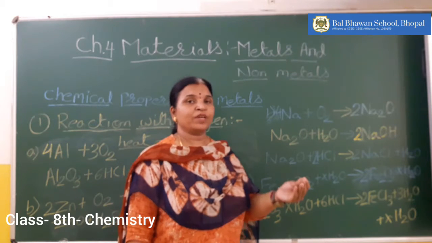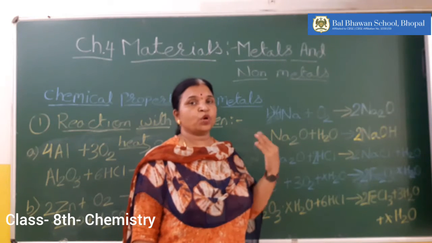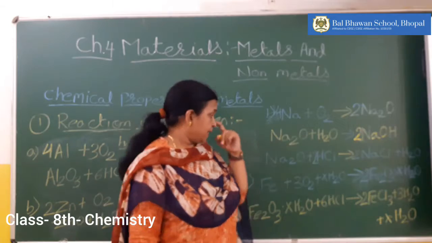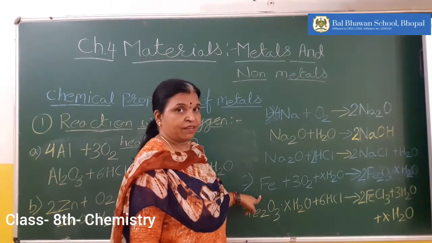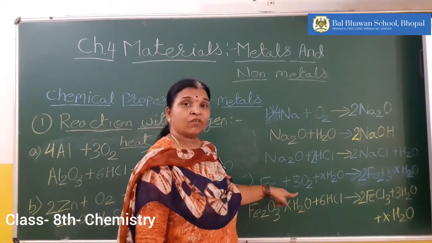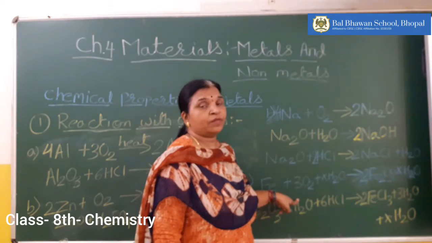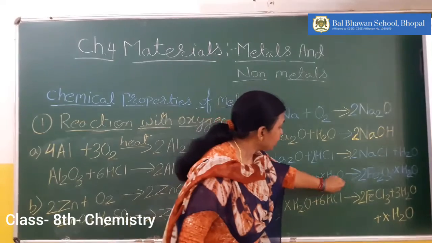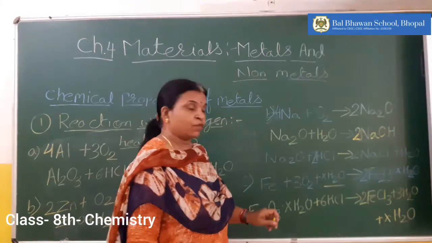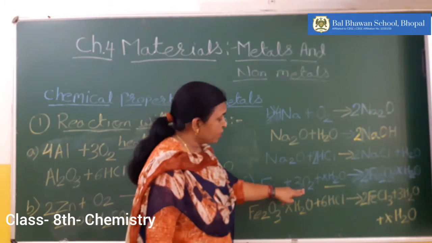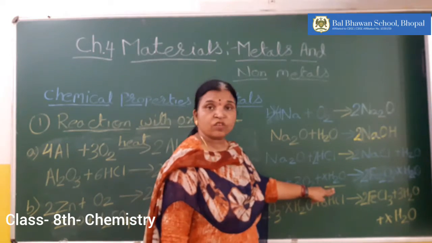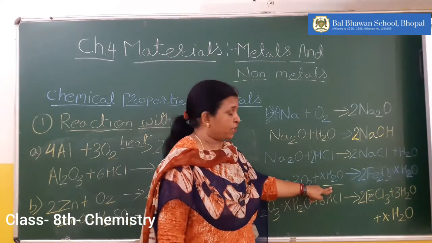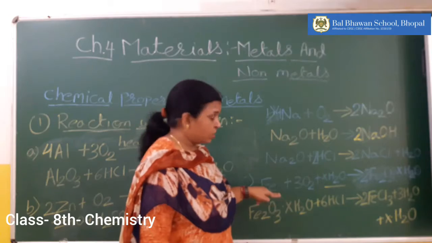Now, a very common example which we observe in our surroundings is iron. Iron also reacts with oxygen, but it reacts in the presence of moisture, that is water. Then what will be the reaction?